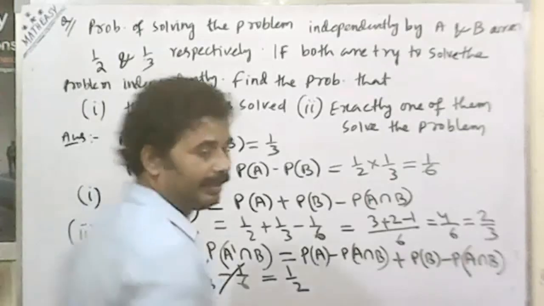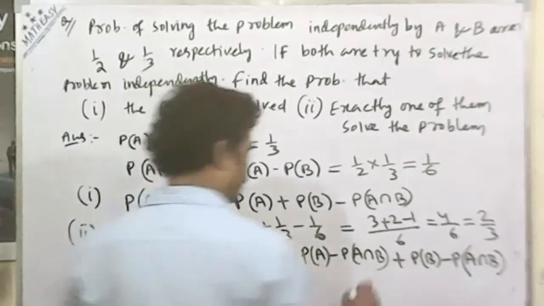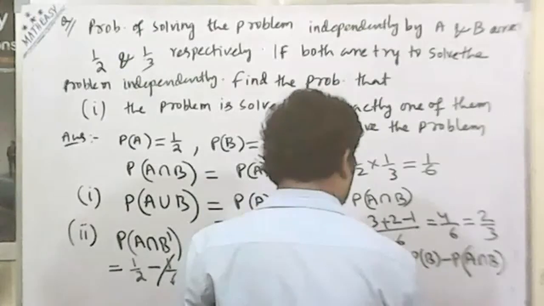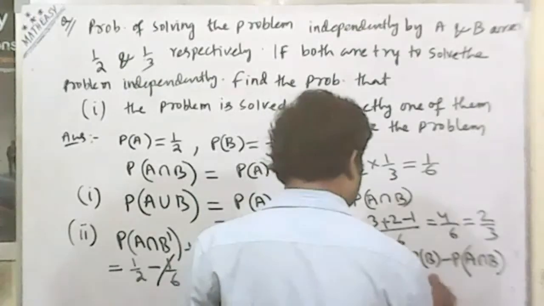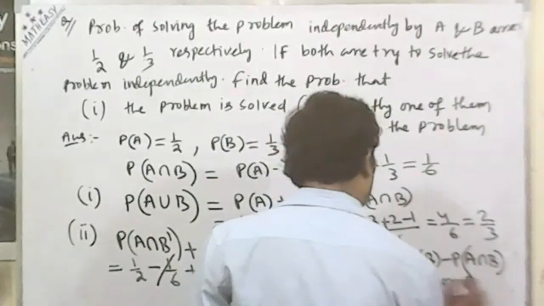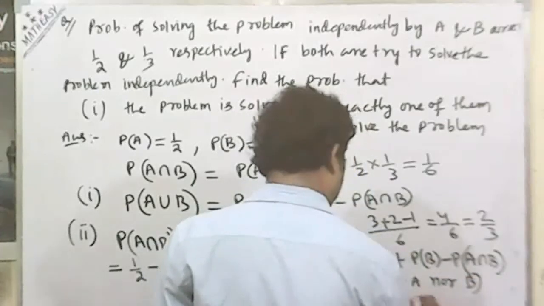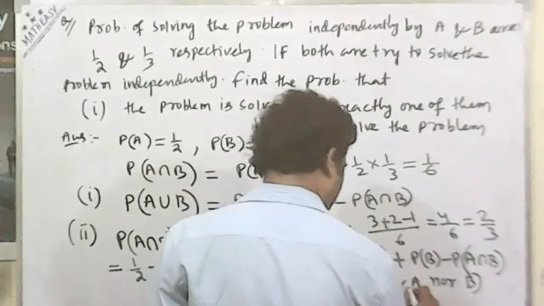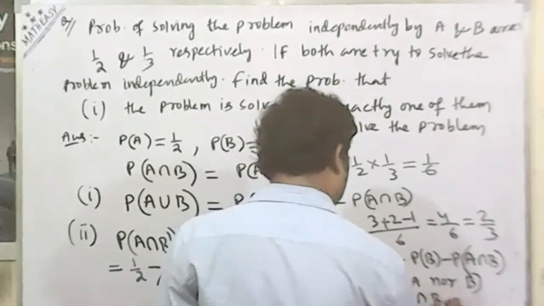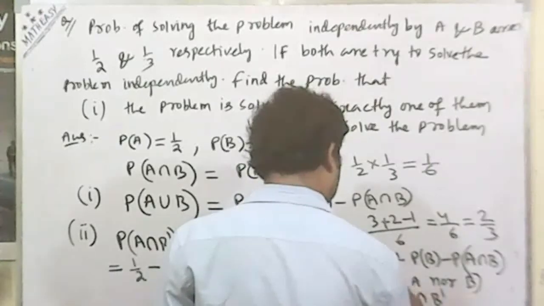Suppose neither A nor B, it means A dash and B dash.